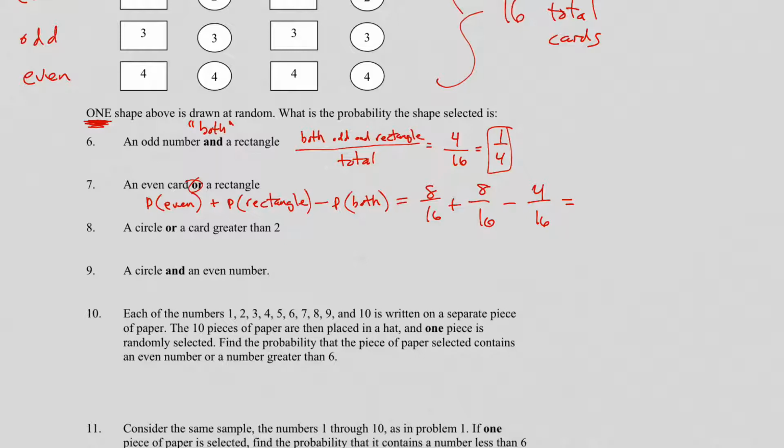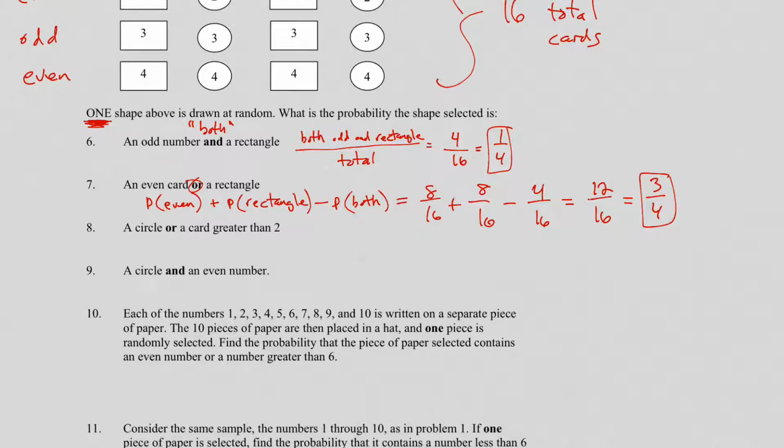So what's 8 plus 8? 16. 16 minus 4 is 12. And that reduces to... Okay, greatest common factor, you can use 4 as the biggest one. 12 divided by 4 is 3, 16 divided by 4 is 4.